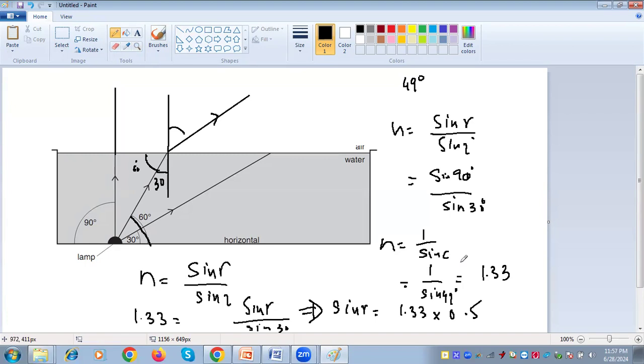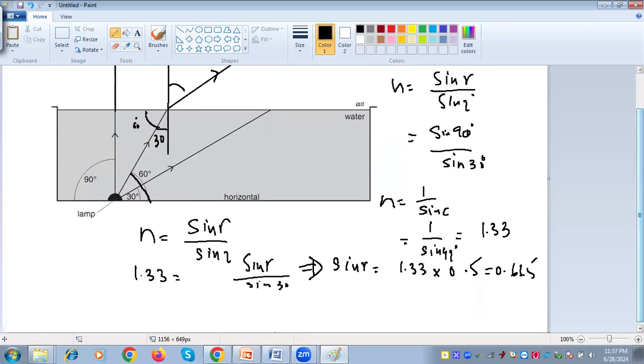So sine r is coming equal to 0.665. If I find the angle r equals sine inverse 0.665, that is coming 41.7 degrees. So this angle is 41.7 degrees.